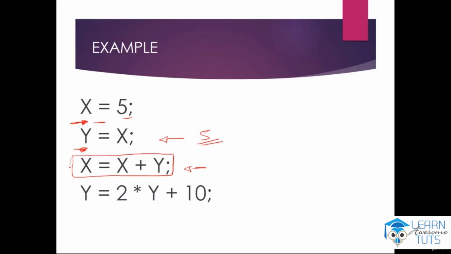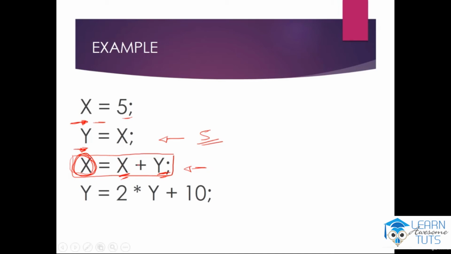But this means that the value of the variable x will change and will have a new value that equals the sum of what the value of the variable x was until this time, and also what the value of the variable y was until this time.